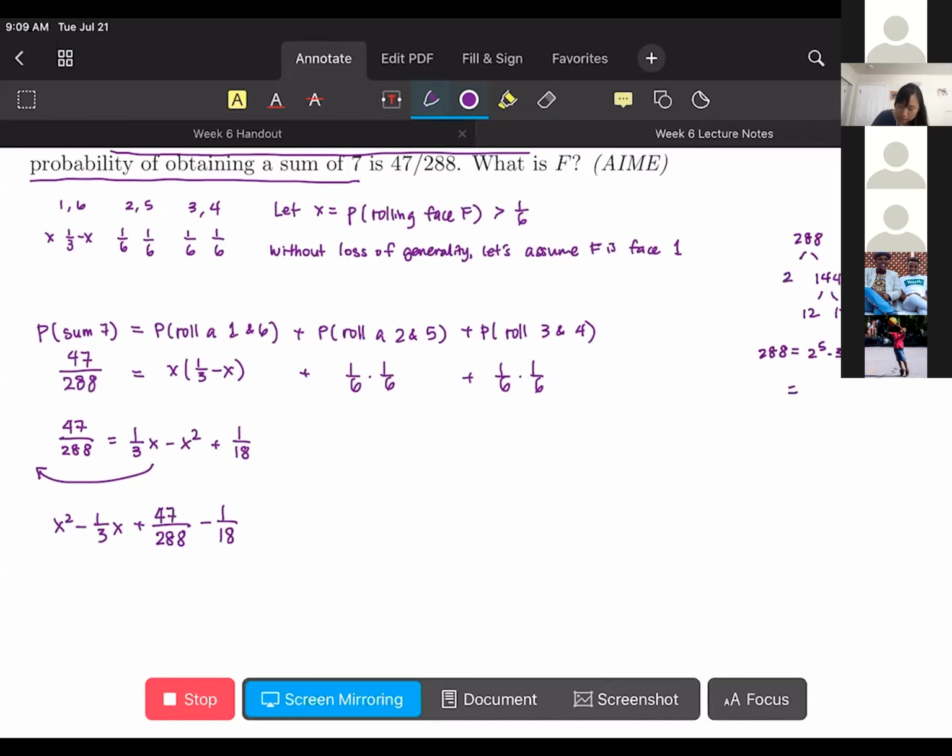So this actually equals 18 times what are we multiplying by? 16? Did I do that right? Okay, so that means this is 47 over 288 minus 16 over 288.